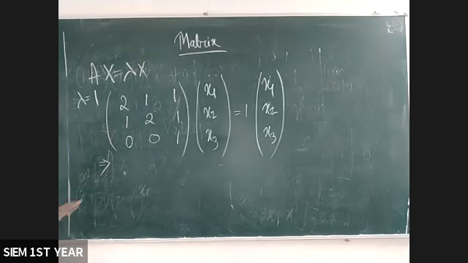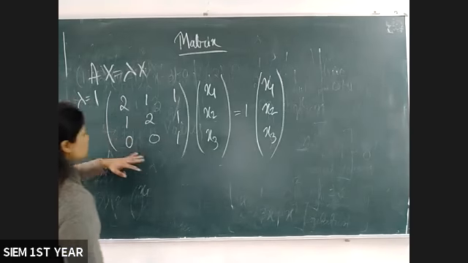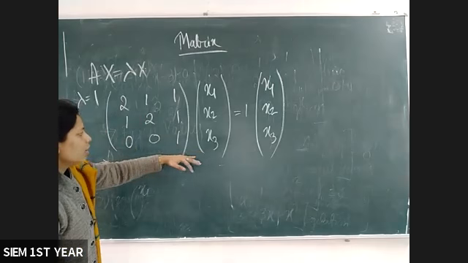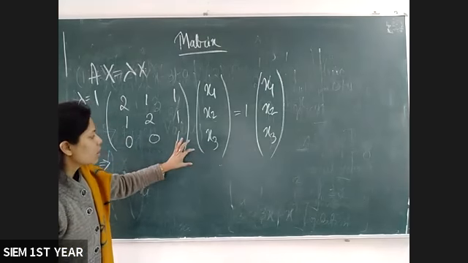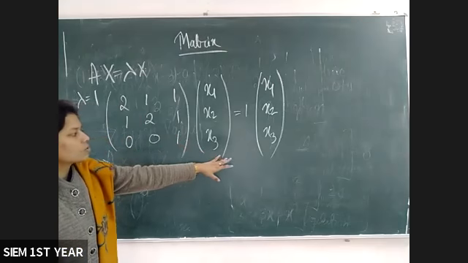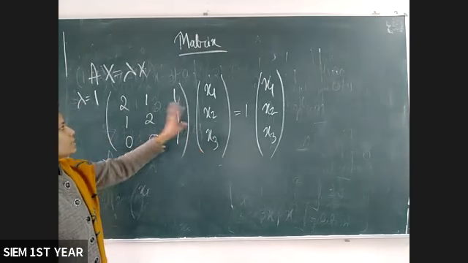First, we have to multiply this. This is an n by n matrix and this is an n by 1 matrix. Since the number of columns is equal to the number of rows, we can easily multiply.